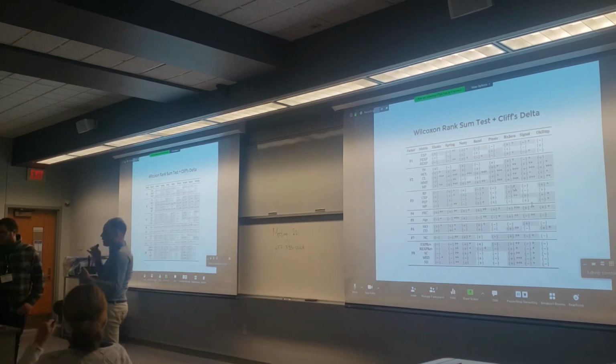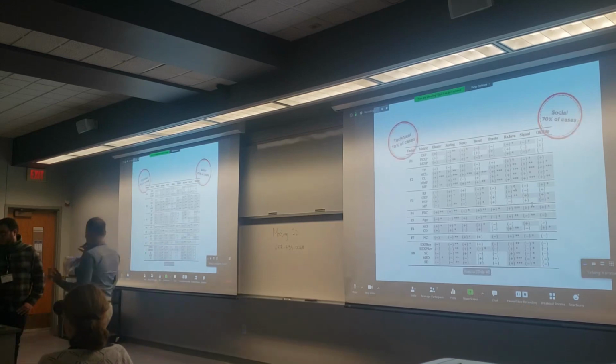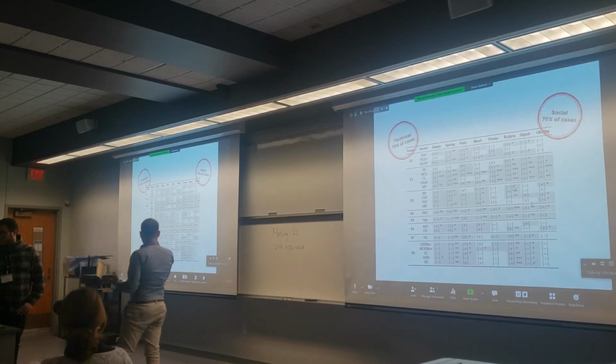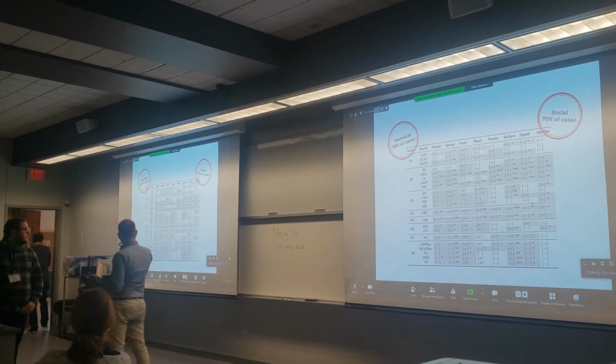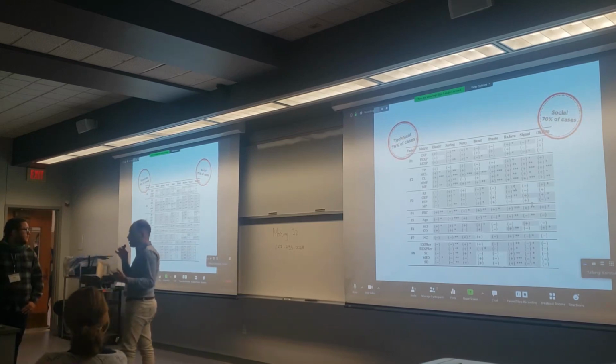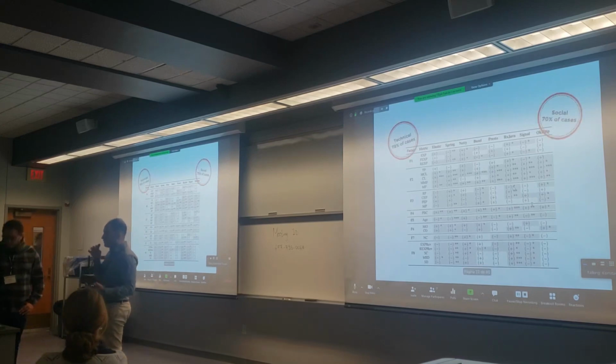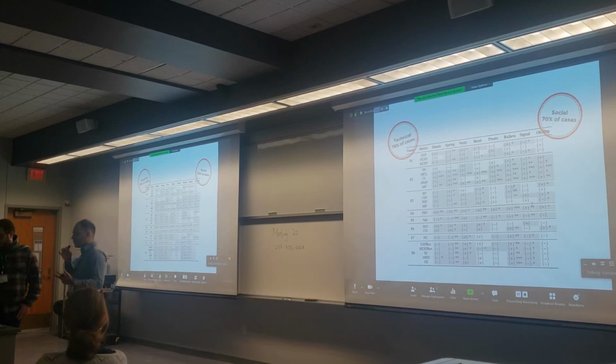In the table, the cells that are marked are the ones that were statistically significant, and the ones that have a plus sign are the ones where the Cliff's Delta was positive, so there's a positive relation between commit bugginess and that metric.